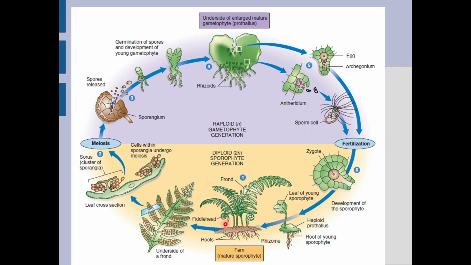The violin is a musical instrument that has this spiral end. As the fiddlehead grows, it unrolls from the tip and expands to form a frond.